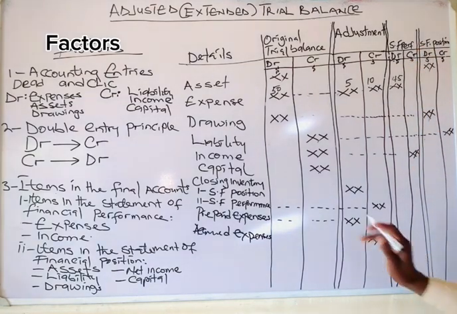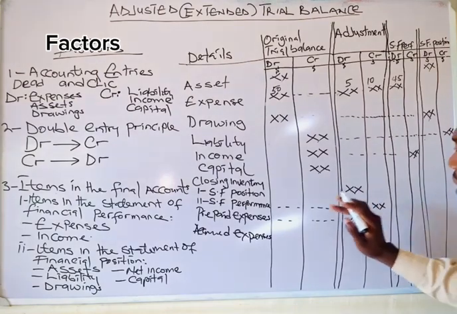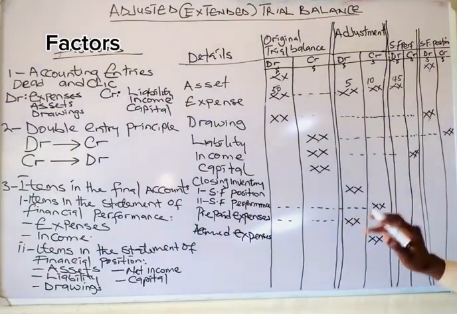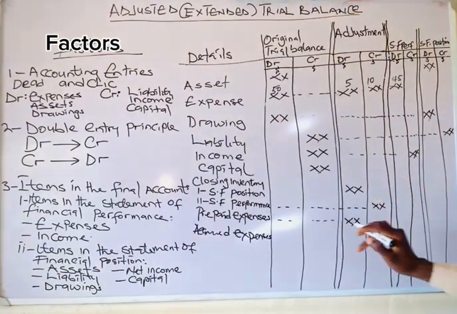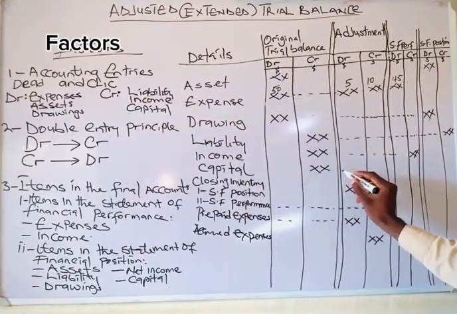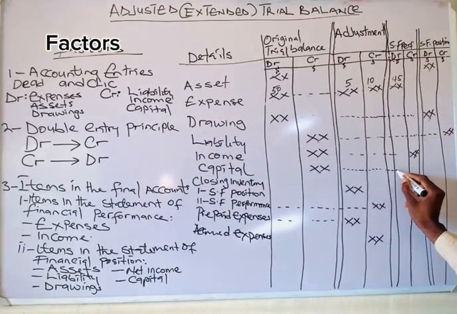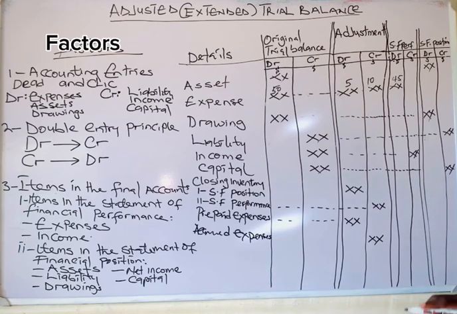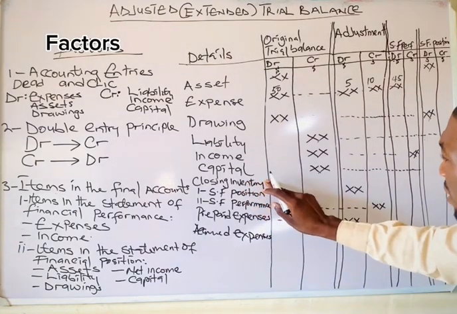It doesn't have any adjustment. Very simple. Then capital doesn't have adjustment, and capital will be at the statement of financial position, but it's a credit entry. So statement of financial position at the credit side. Simple as that.